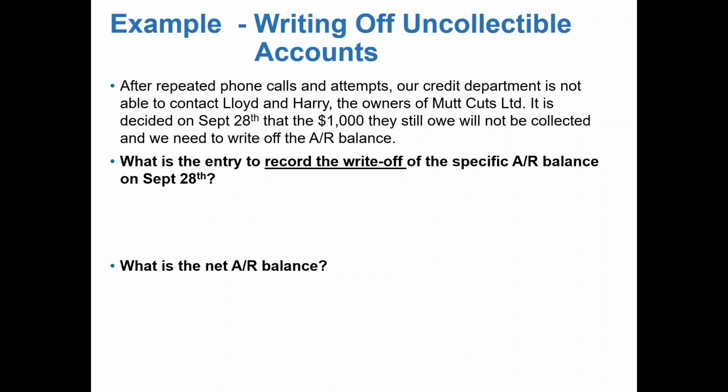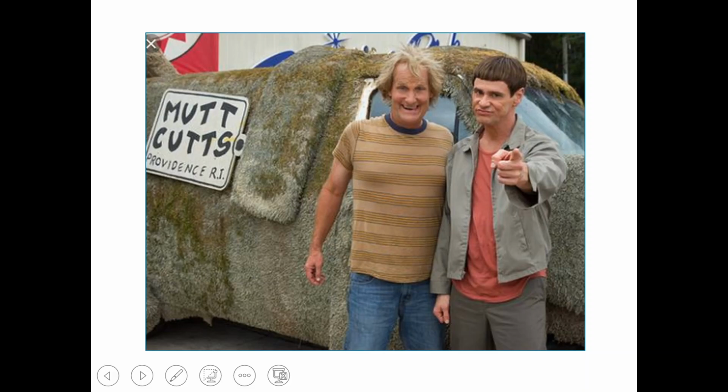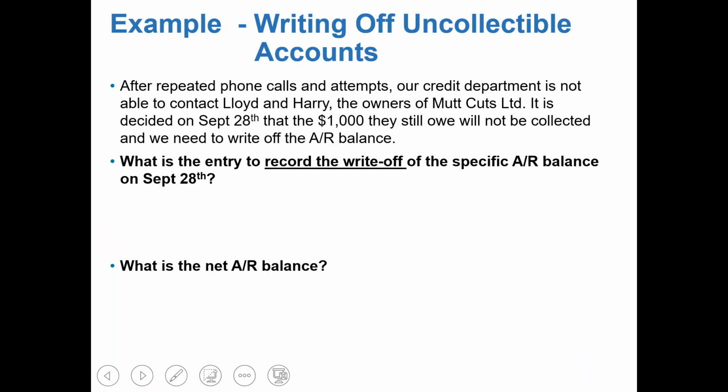After repeated phone calls and attempts, our credit department is not able to contact Lloyd and Harry, the owners of Mutt Cuts. So here's Lloyd and Harry. They own Mutt Cuts. They drive this van. We've tried to reach them, but we're just not able to get a hold of them.